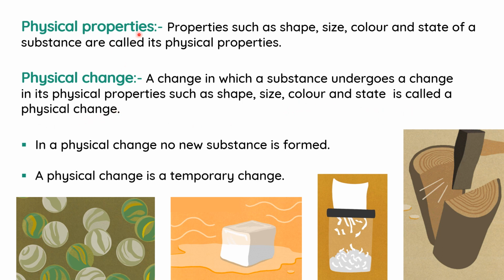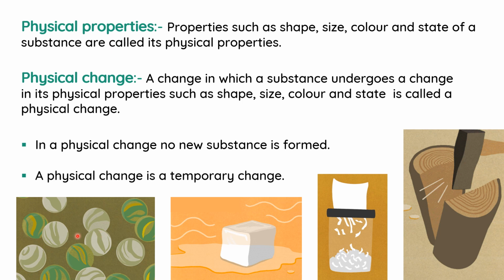So now we know what physical properties are. Physical properties are shape, size, color and state. And when there is any change in these physical properties, we can call that change a physical change. Examples: see here in the first picture, white marbles and green marbles mixed together.